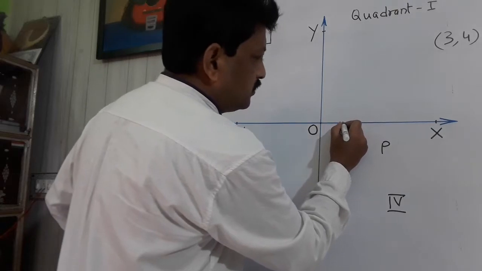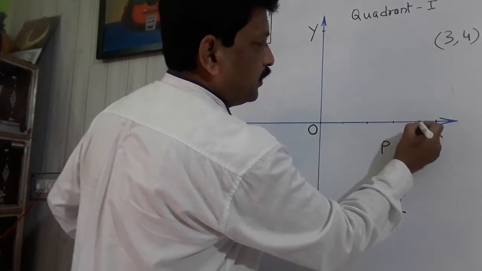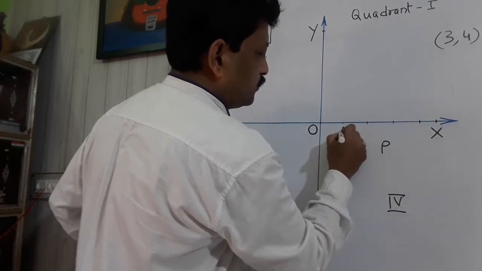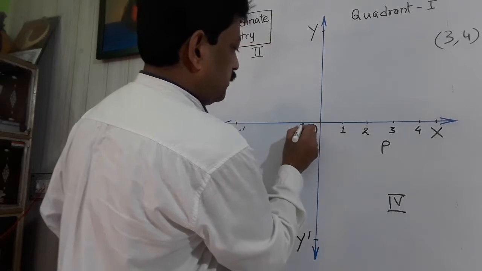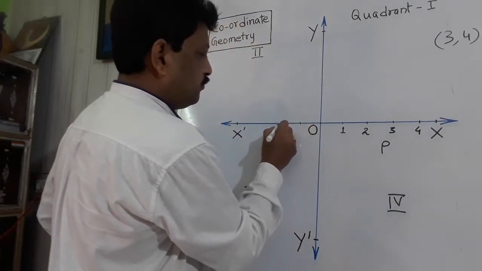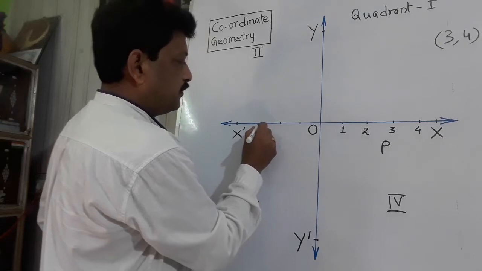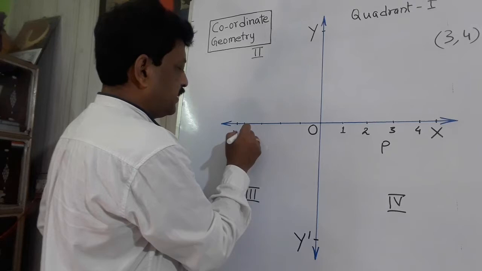Now let me mark this as 1, 2, 3, 4. This side also. Since we are marking the left-hand side of the x-axis, it will be marked as negative.